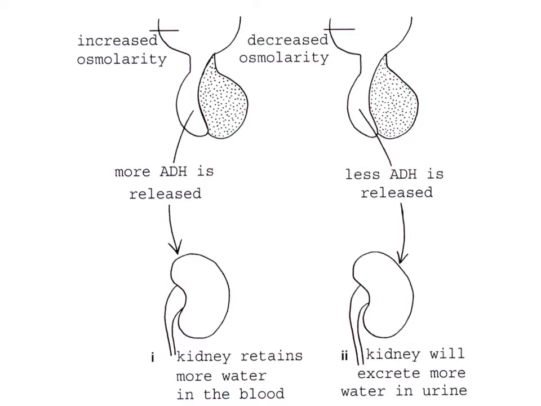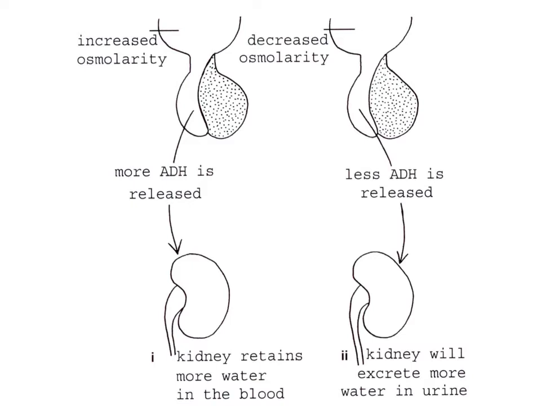Well, if the osmolarity is increased, this means that there's a greater concentration of solutes in the blood because there is less water. So an increased osmolarity indicates that there is less water in the blood.